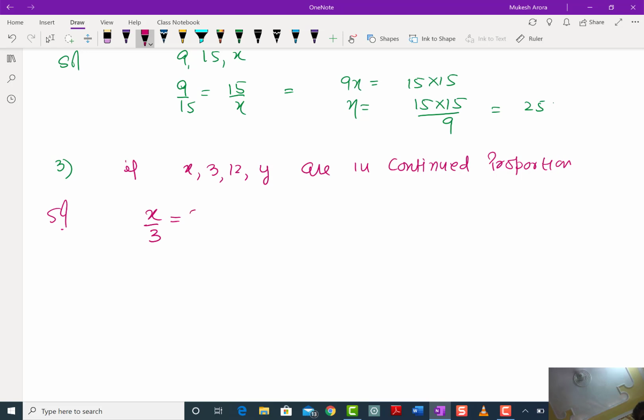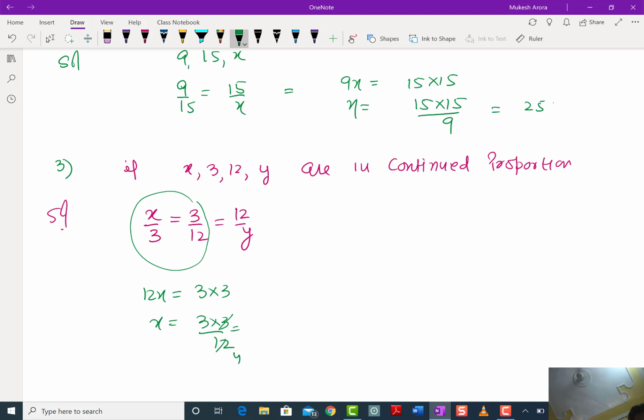X by 3 is equal to 3 by 12 is equal to 12 by y. Very simple, we'll take these two first. So 12x is equal to 3 into 3, x is equal to 3 into 3 by 12, which is 3 by 4. And now we have to find y.